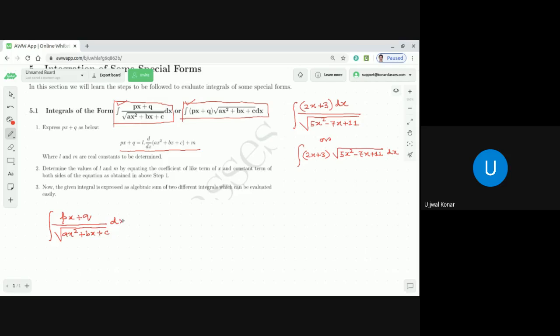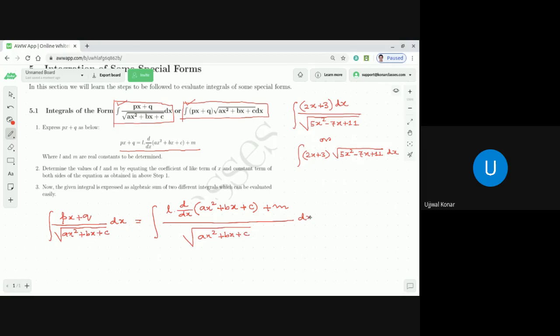The moment you apply the first step, instead of px plus q you write L into d/dx of (ax square plus bx plus c) plus M, by square root of ax square plus bx plus c, na, dear students?